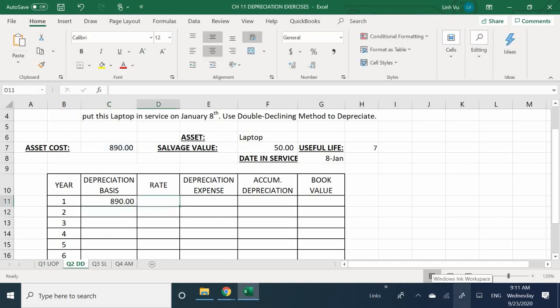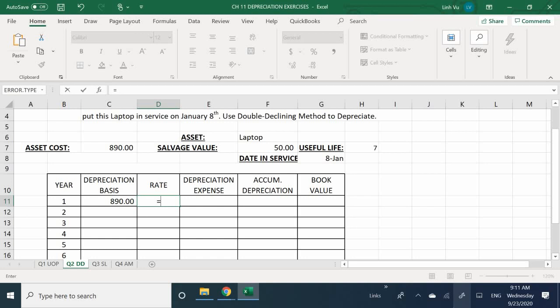Okay, so then what is going to be my rate? Is it 0.1428571? That's 1 over what? 7.